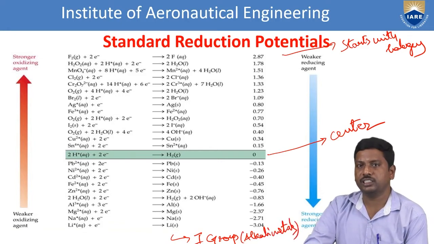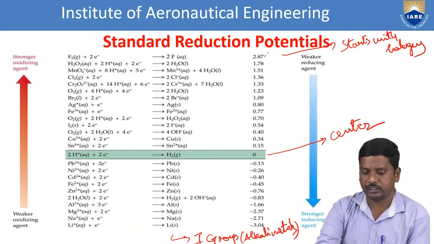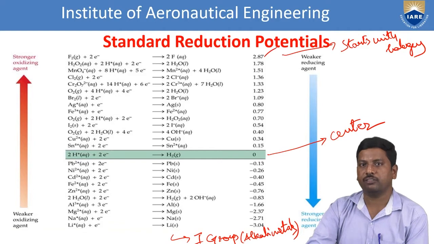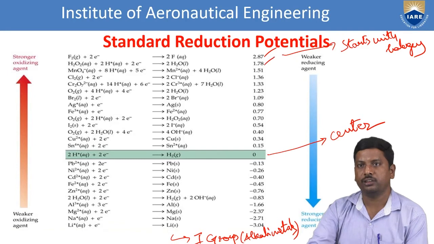Initially, fluorine undergoes the reduction reaction with two electrons to get a 2.87 volt reduction potential. The second one is hydrogen peroxide, which also undergoes reduction to give 2 moles of water and a potential of 1.78 volts.